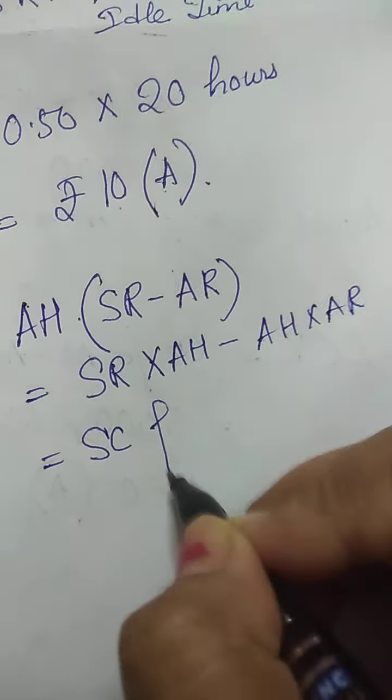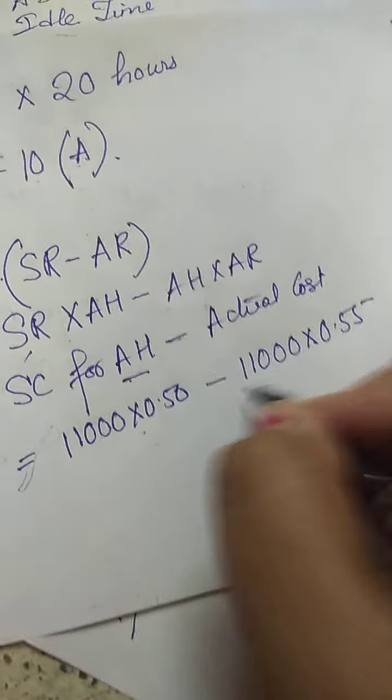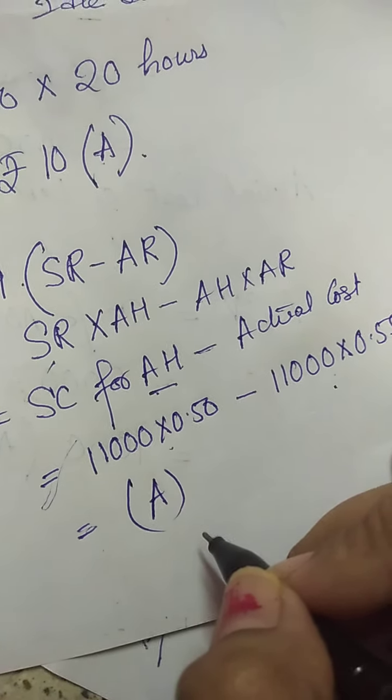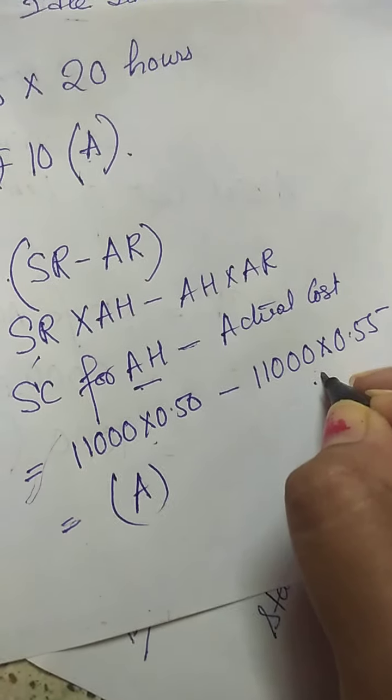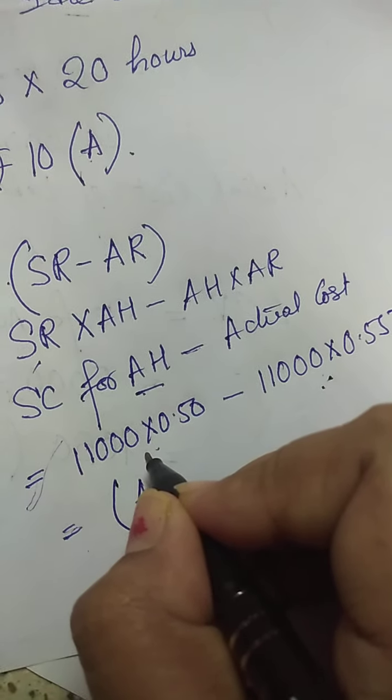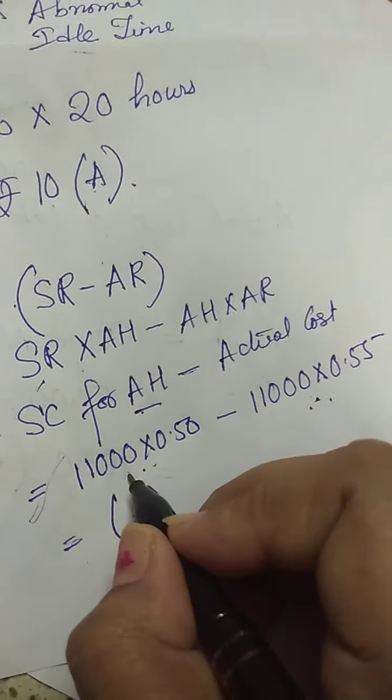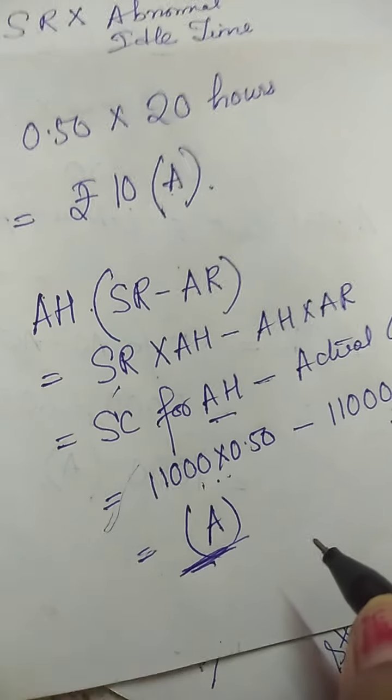I am working for 11,000 hours, and if I would have paid for 11,000 hours on the basis of standard rate, then my cost would have been 11,000 into 50 paise. But for actual hours, I am ending up paying 55 paise, not 50 paise. That means I am paying more. That is why my variance is coming as negative, adverse, because my actual expenditure is more than my standard expenditure. Standard means presumed expenditure. My actual expenditure turns out to be more than my presumed expenditure. That is why the variance is adverse.